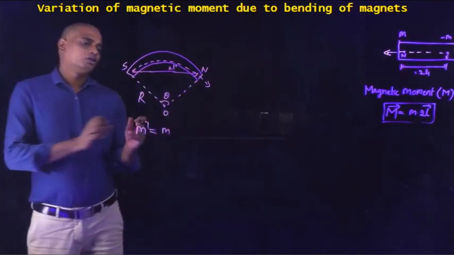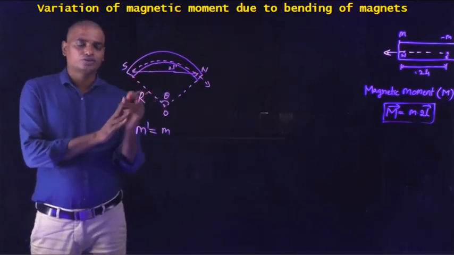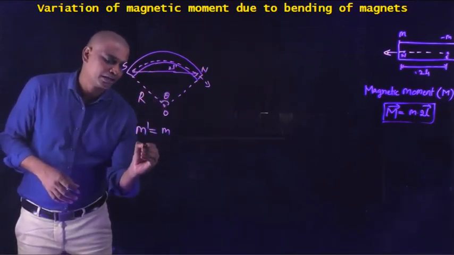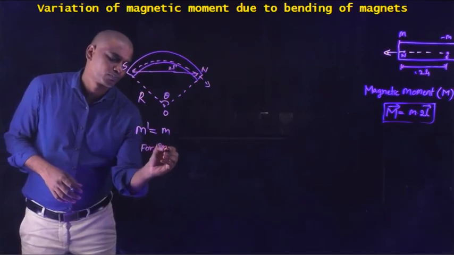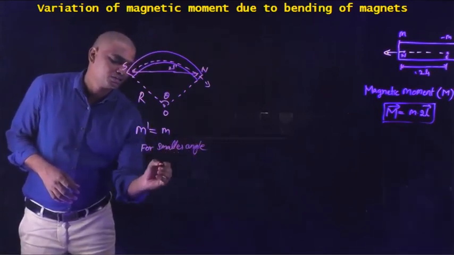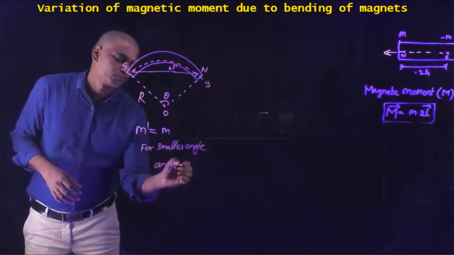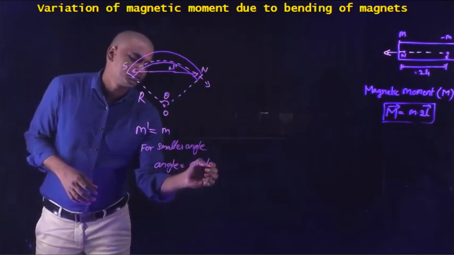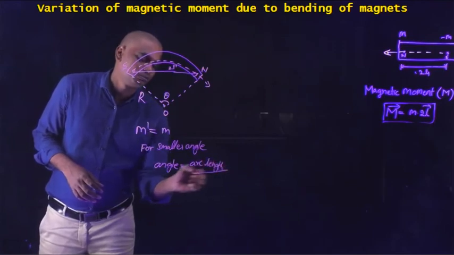And we know that in an arc, for smaller angles, angle is equal to arc length by radius.